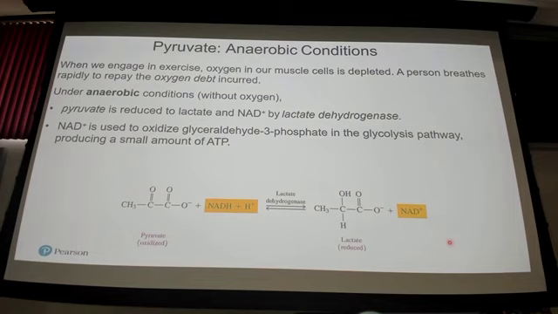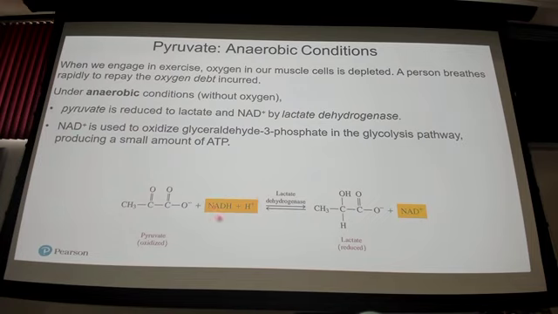So when oxygen is low, that pyruvate is reduced to lactate. The reaction is here. Pyruvate, in the presence of the enzyme lactate dehydrogenase, produces lactate. And this reaction uses NAD.